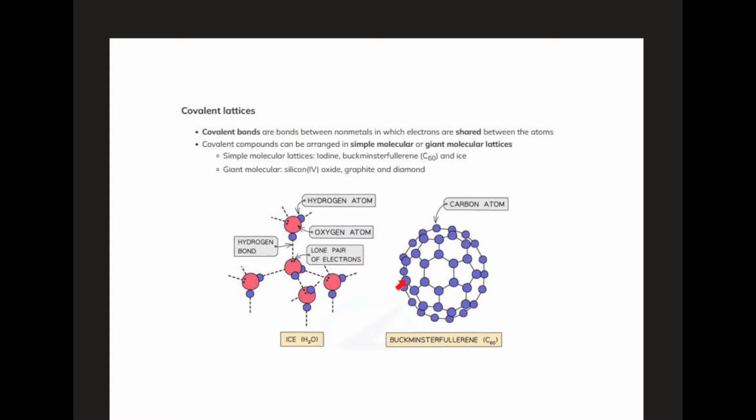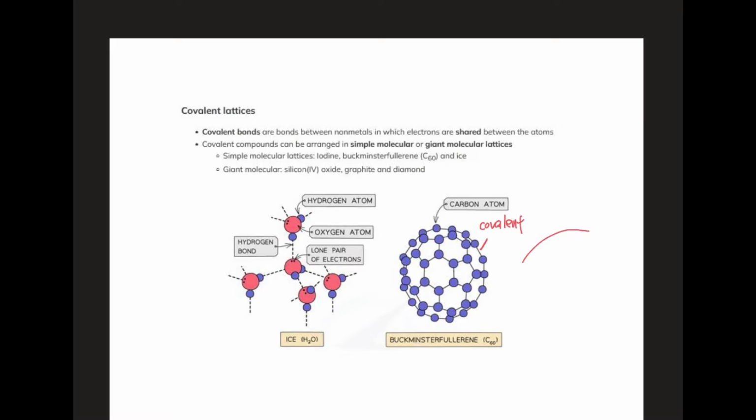So this whole ball is one molecule, and inside the molecule are covalent bonds. Of course, if you have one Buckminster fullerene with another Buckminster fullerene, in between them are the intermolecular forces, which are the van der Waals forces. Okay, so let me label it. So this is covalent.